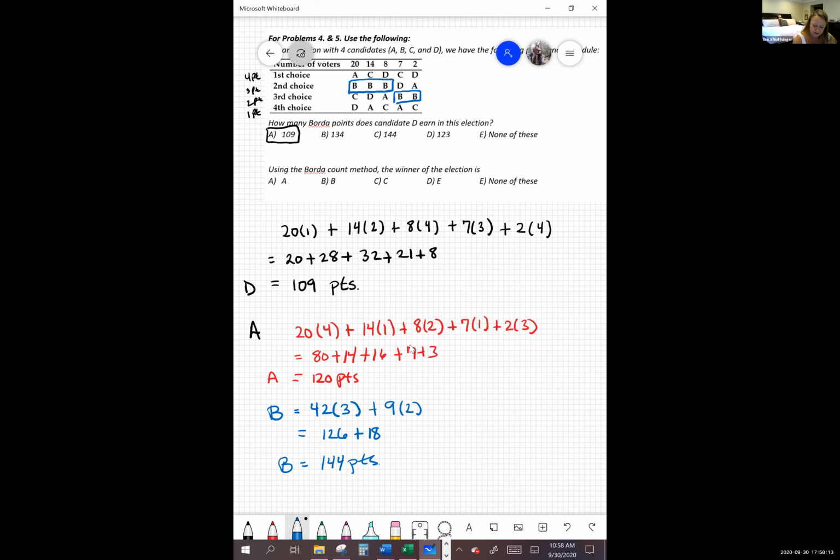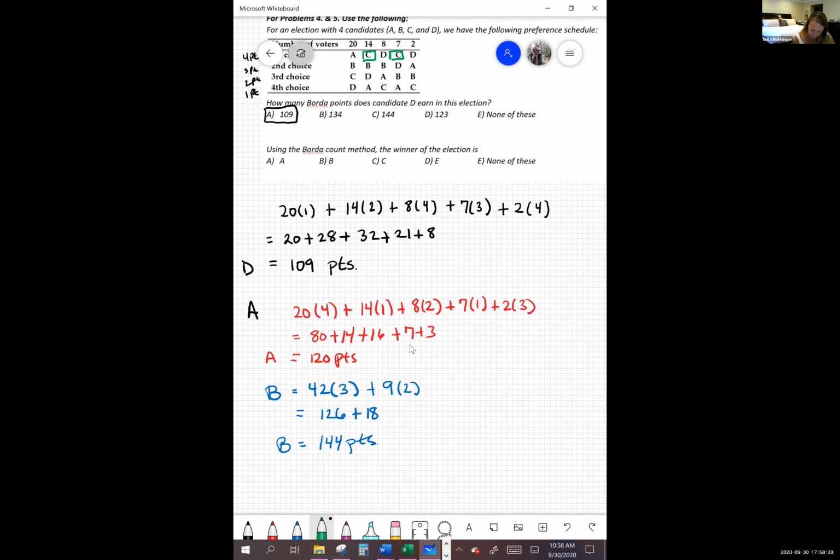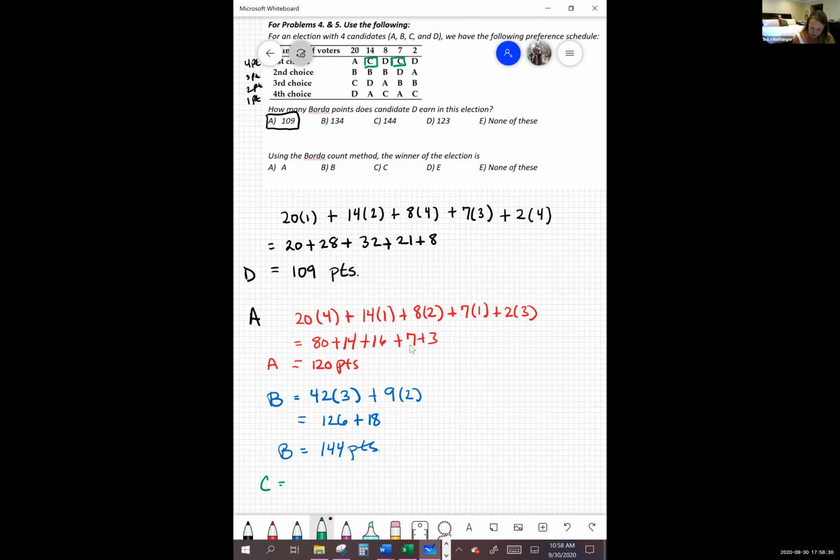Last, do C. Let's do kind of what we did before. Notice that C is in first place, 14 plus 7. So that's 21 times that C got first place, and that's worth 4 points. C never got second choice. Third choice, there were 20 people, and that's worth 2 points.